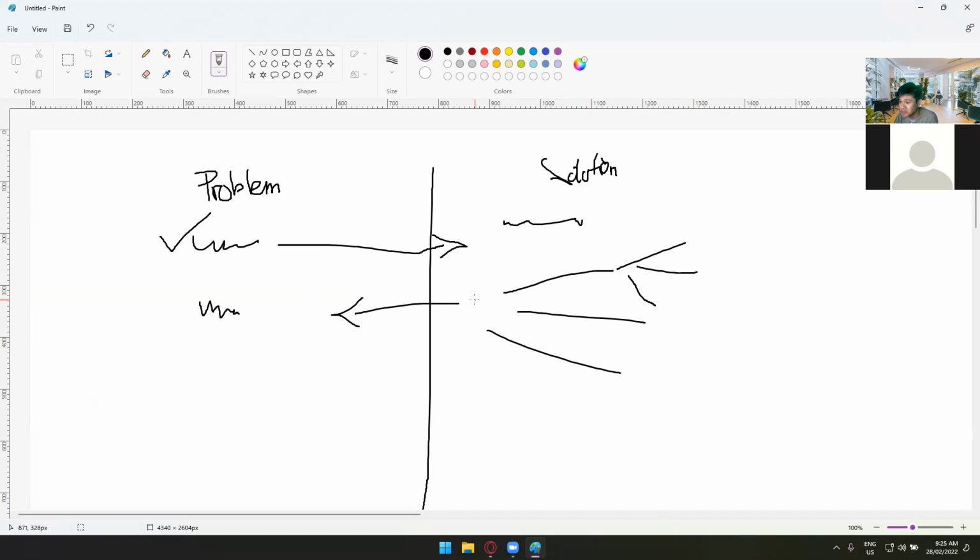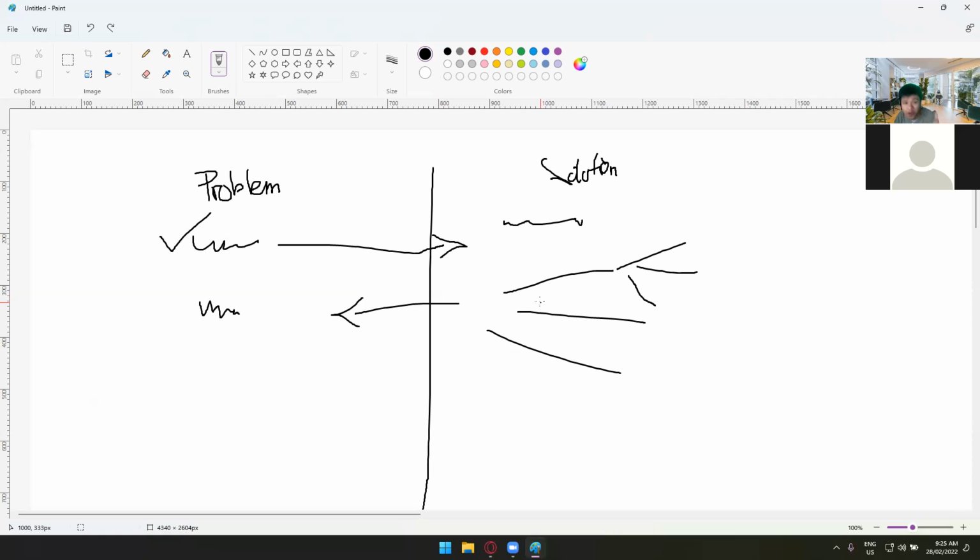If you can come up with one sentence, straight to the point in solving that problem, then that is the perfect way of solving the problem. Of course, the lesser the solution, the better. I think that is the best way to think of it. The lesser the solution to solve the problem, the better.